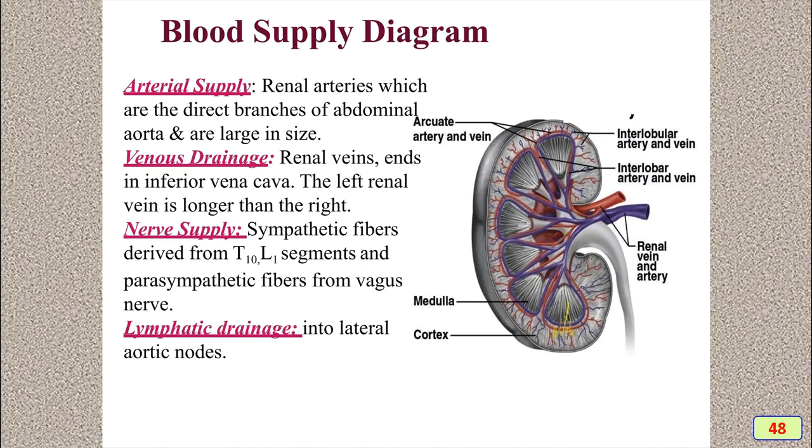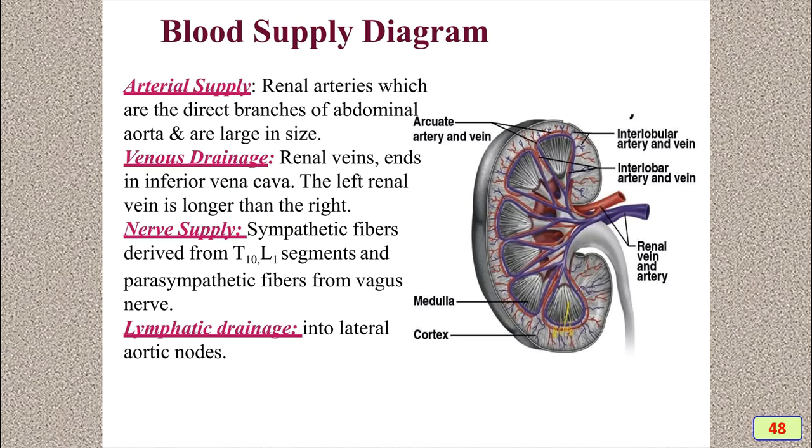So how the kidney is supplied with blood: the arterial supply is the renal arteries, whereas the venous drainage is from the renal veins into the inferior vena cava, which is the vena cava below. The left renal vein is longer than the right.